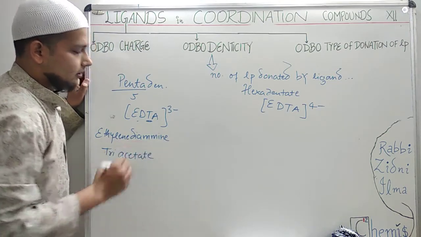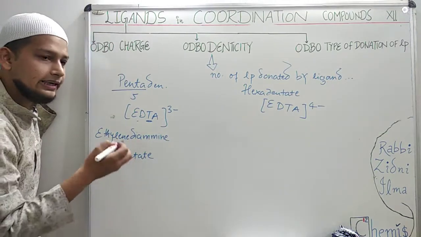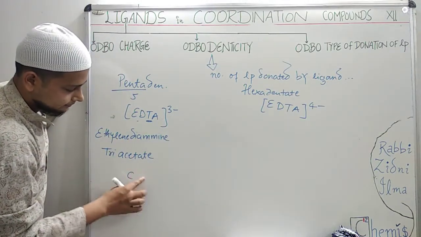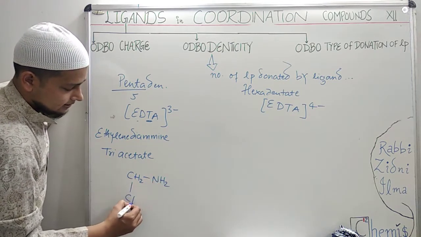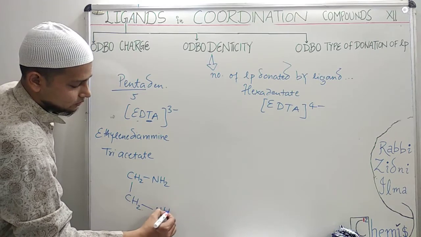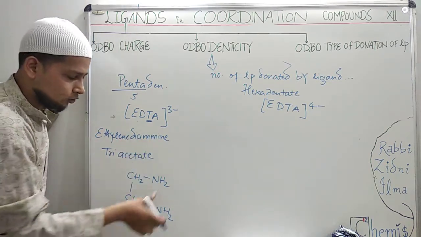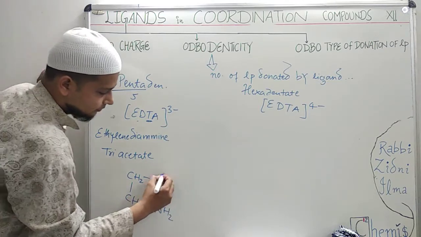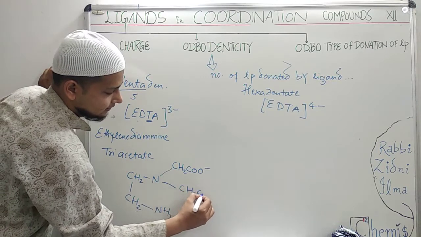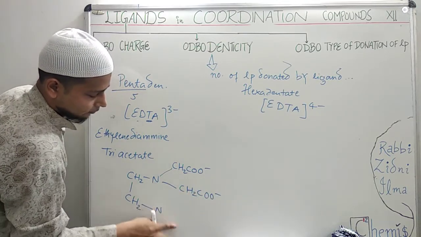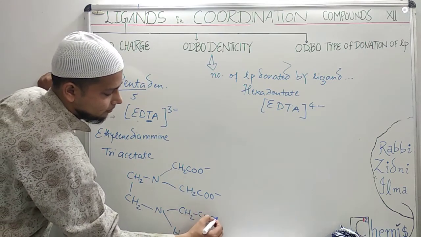Now let us start our structure. First of all, sketch ethylene diamine, en, CH2NH2 and CH2NH2. That is our ethylene diamine. We have triacetate, so we will add 3 acetate groups, removing the hydrogens. So look here, CH2COO minus 1, CH2COO minus 2, and from here we will remove 1 hydrogen and add CH2COO minus.